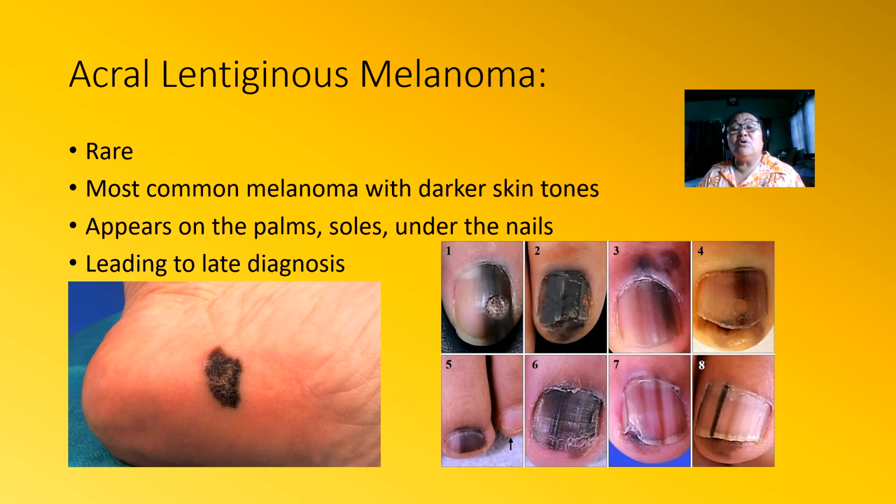It may resemble a bruise, fungal infection, or injury, which can delay diagnosis. So each type of melanoma has unique characteristics, but any new, changing, or unusual skin lesions should be evaluated promptly. Early recognition and treatment greatly improve the chances of successful outcomes.